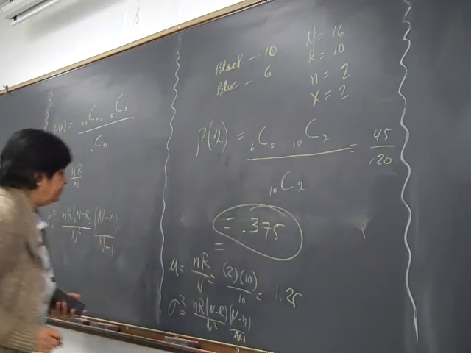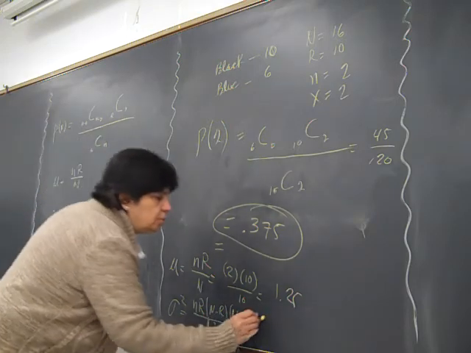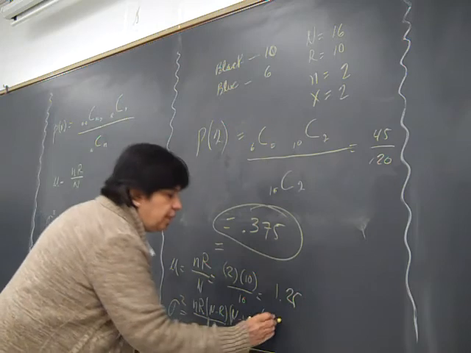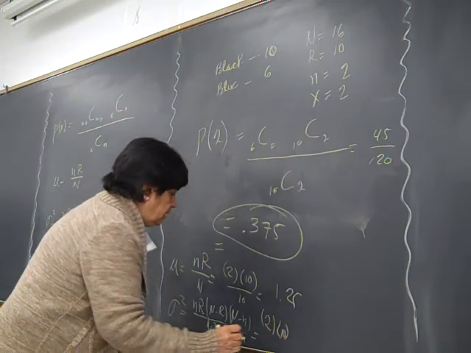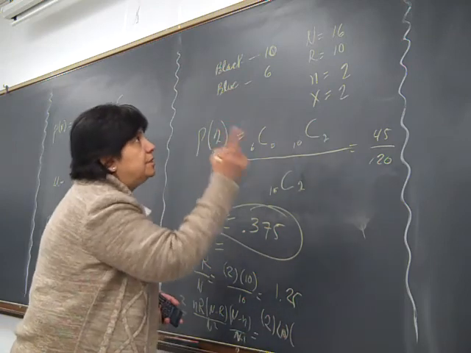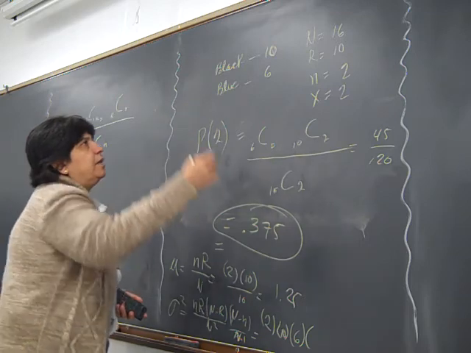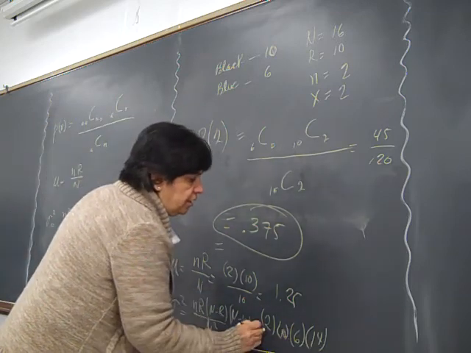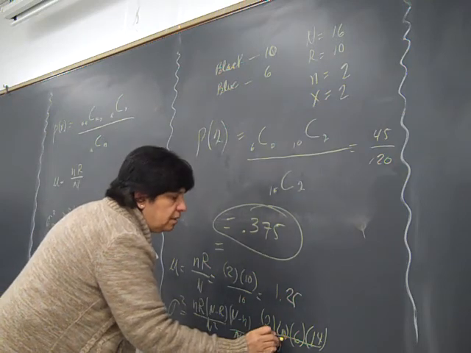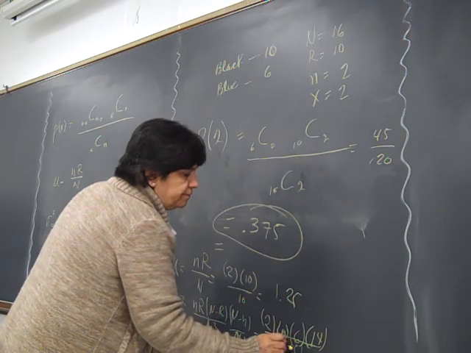Here n is 2, r is 10, times N minus r, 16 minus 10, is 6, times N minus n, which is 14, divided by 16 squared, times N minus 1, which is 15.